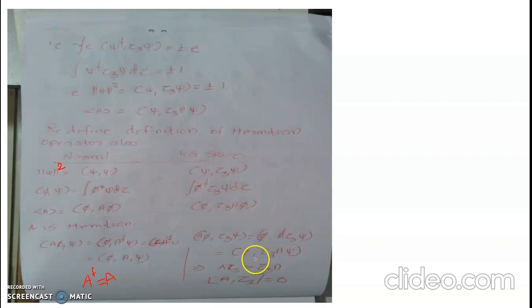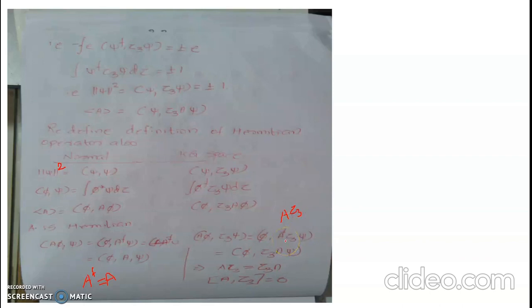But for this to have the same meaning as that of this one, A dagger, of course it is equal to A, as A is Hermitian by its normal definition, it should commute with tau 3 here. Then only I can put tau 3 as a prefactor here. So A dagger tau 3 psi, of course, is equal to A tau 3 psi, because A dagger equals A.